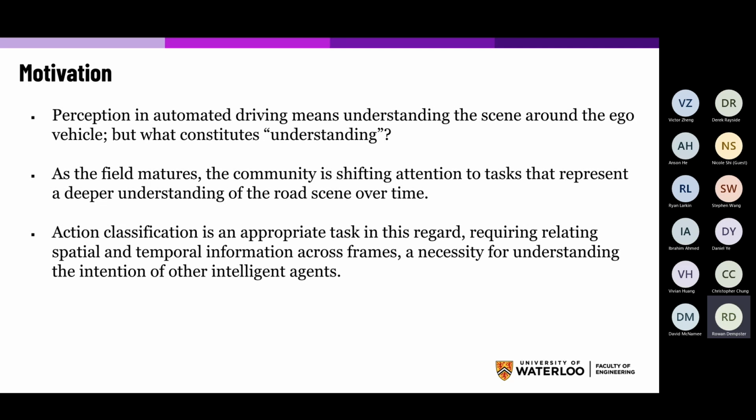Action classification is one of these tasks that we feel is pushing the research forward to a deeper understanding. It requires relating spatial and temporal information across frames, for example. And the data set we're using to experiment with this task is the ROAD data set.